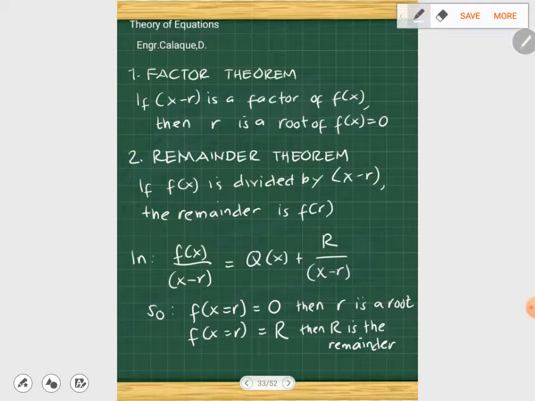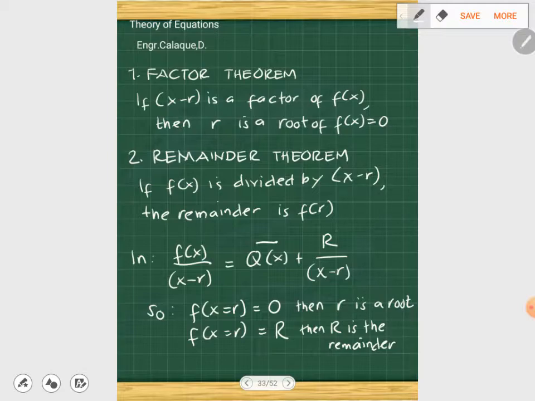Sa remainder theorem naman, if yung function of x is divided by x minus r, the remainder is the function of x, where x equals r, or function of r. So, provided meron tayong function of x, no? Divided natin yan nung x minus r. So, yung magiging result niyan, meron tayong quotient in function of x plus the remainder.